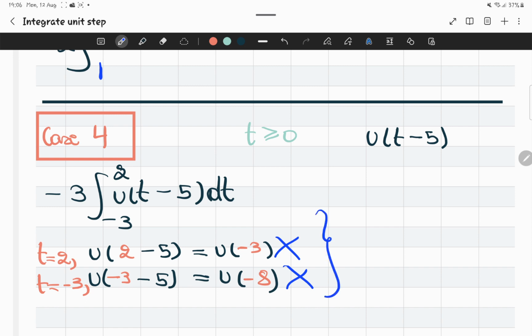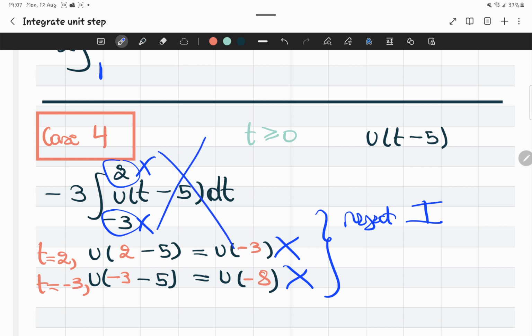In the case where both integral intervals are rejected, that means we have to reject the whole integral, so you're going to reject everything here, because both intervals are not valid.